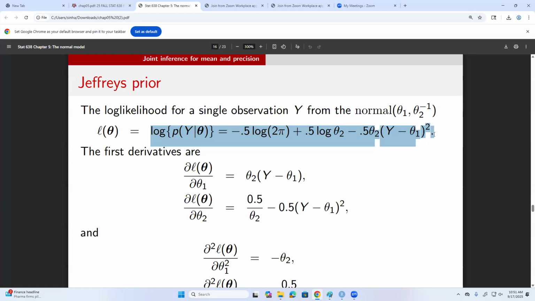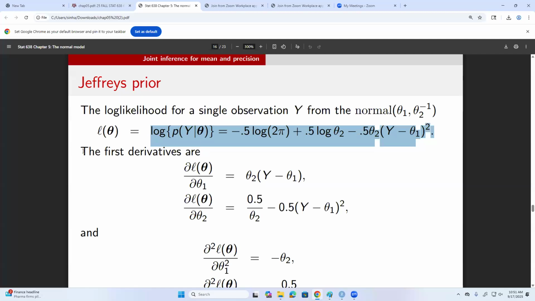And that n is just a constant of proportionality. Therefore, it does not matter whether you calculate the information based on a single observation or n observations. So the log likelihood for a single observation looks like this.